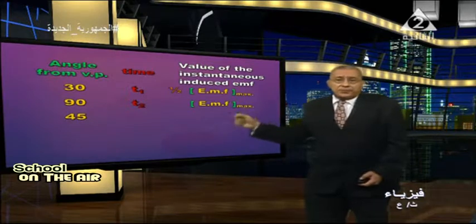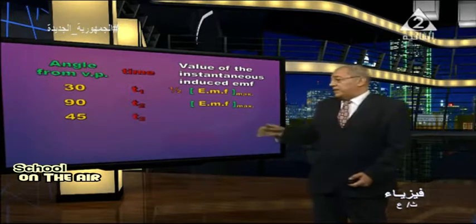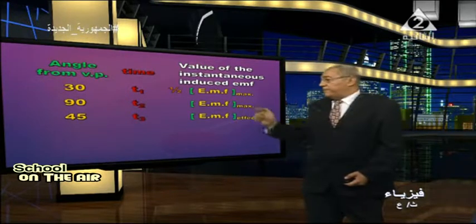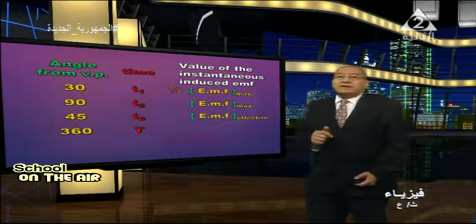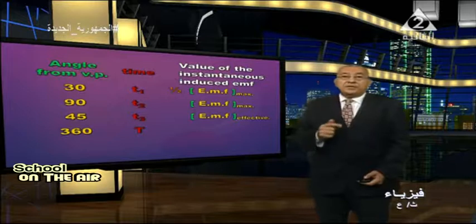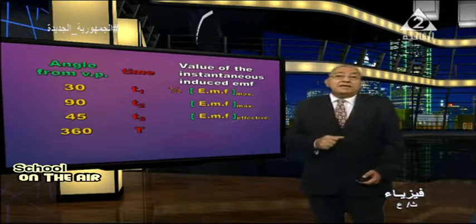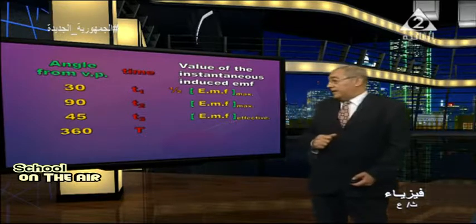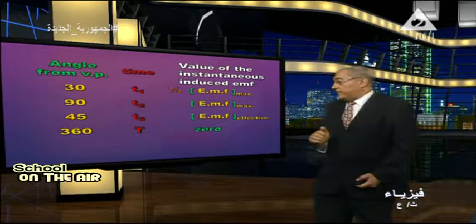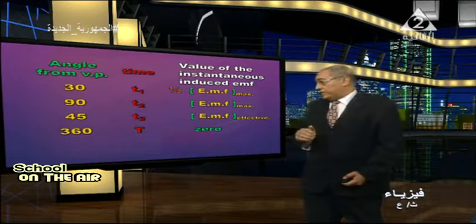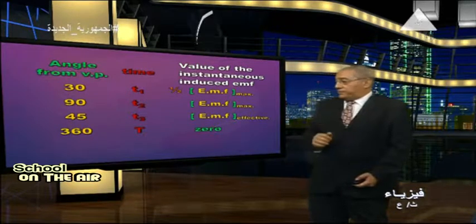These are very important pieces of information. Let it be T3. EMF is then maximum. And what about the periodic time? Periodic time, time to complete one revolution, making an angle 360. And now, at this particular moment, instantaneous EMF is equal to 0 since it is starting from the vertical.